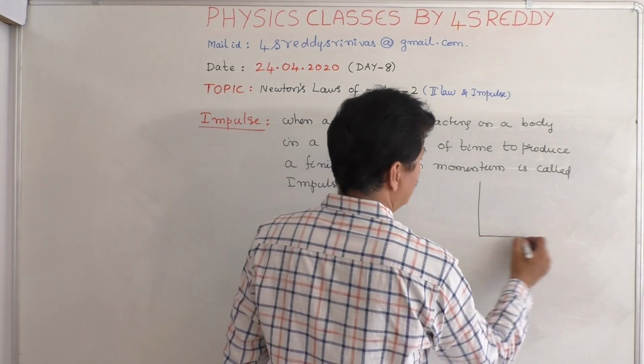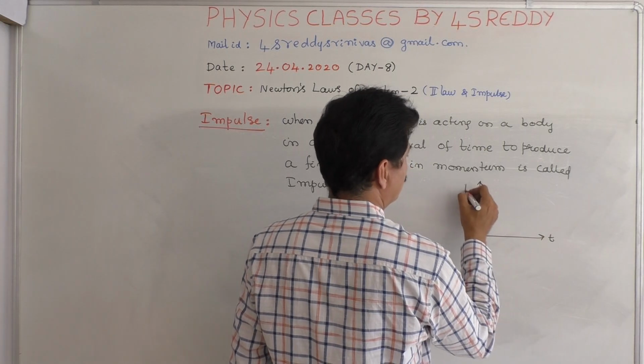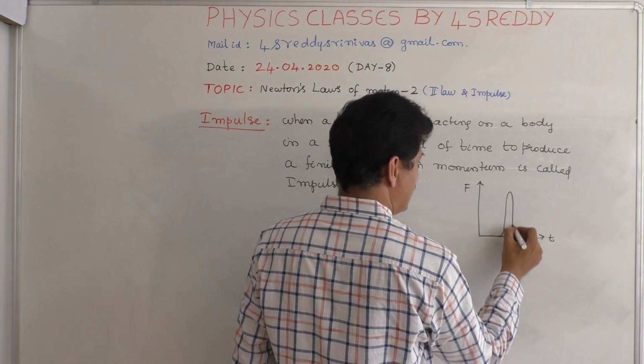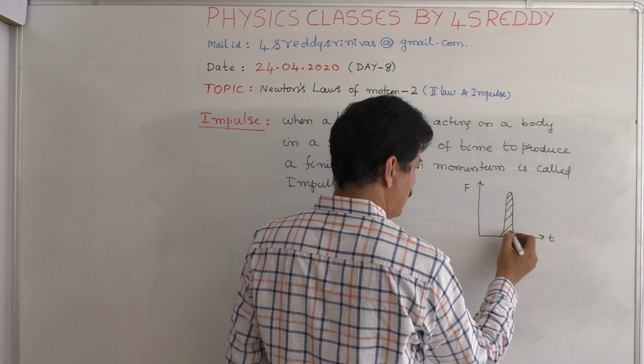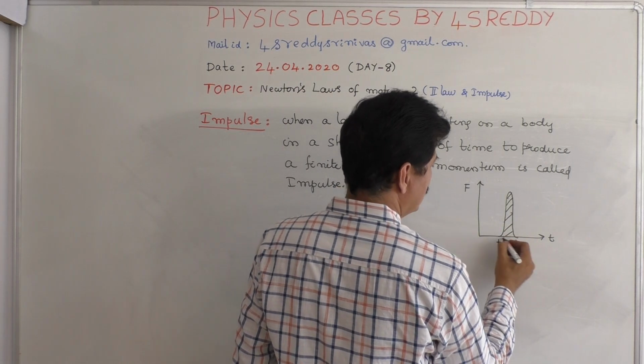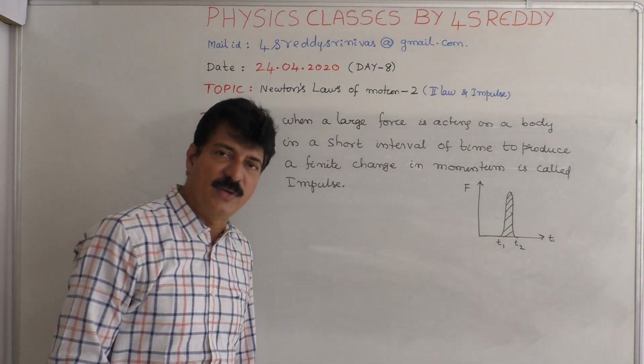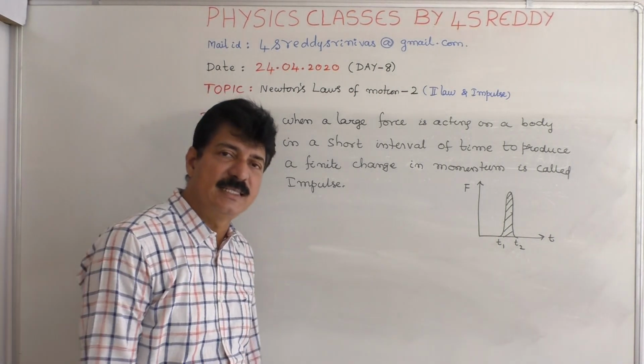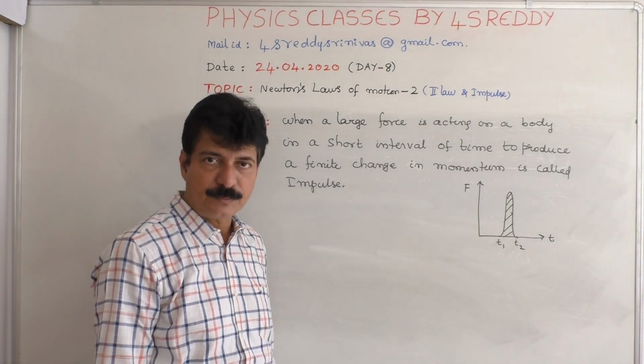For example, if you consider this is the time and this is the force. When a large force is acting on the body in a short interval of time, during that small interval of time the force is very large, then we can say it is the impulse.